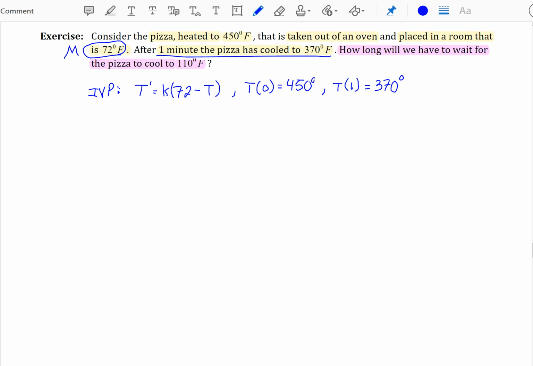However, in the next example, I'm going to use a different method, the non-homogeneous principle. You can use either method for any problem. I just want to show you that there are multiple methods that you could use. So for this example, I'm going to find the solution by the integrating factor method.